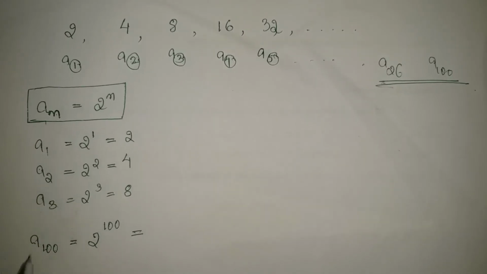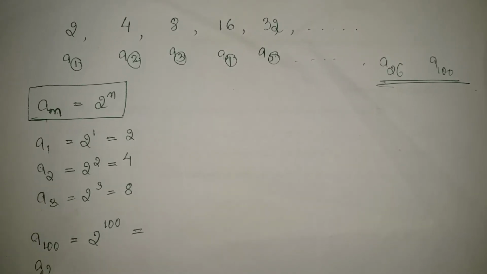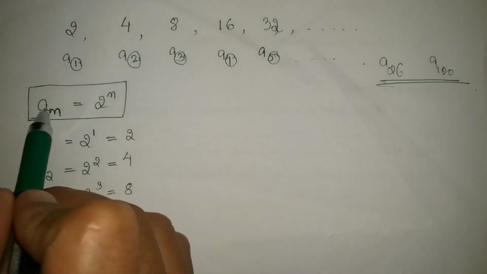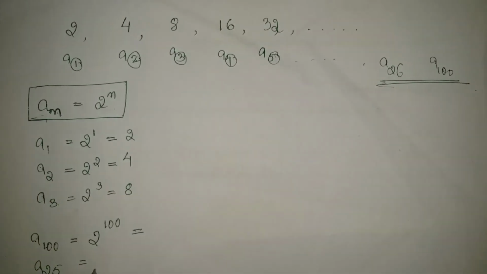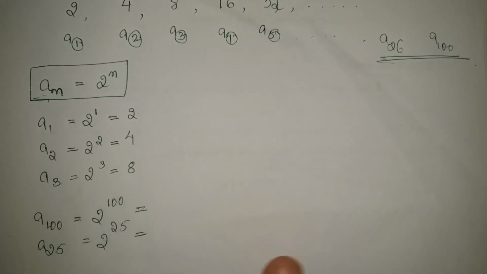Similarly, if I want to get a25 with the help of this definite law, a25 is 2 to the power 25. If I try finding out 2 to the power 25, then I'll get the 25th term, that is a25, and so on.